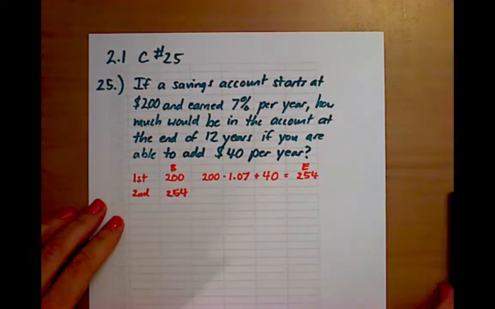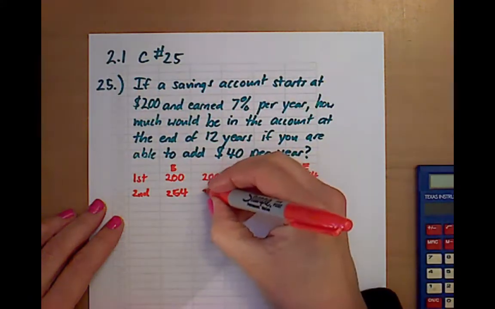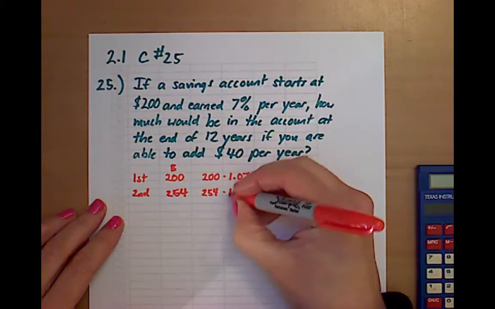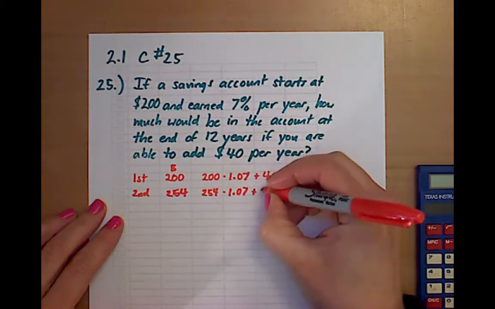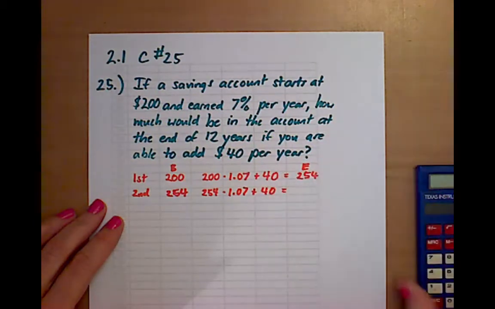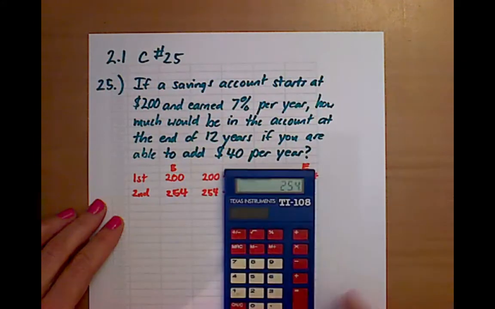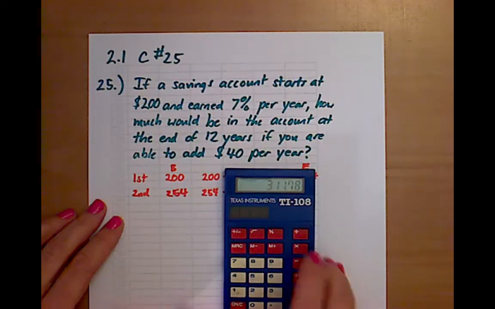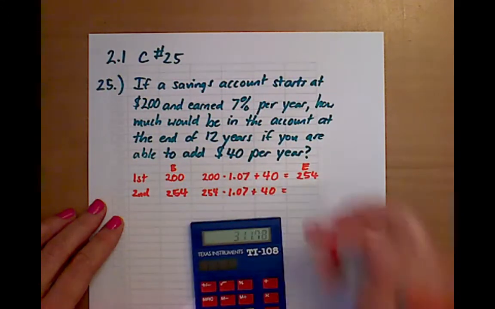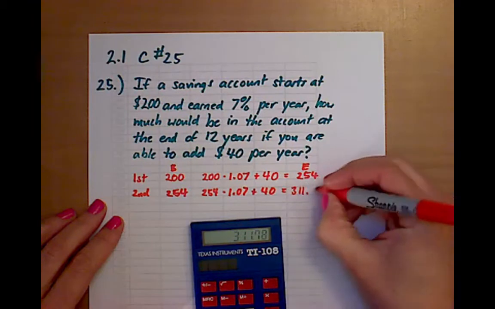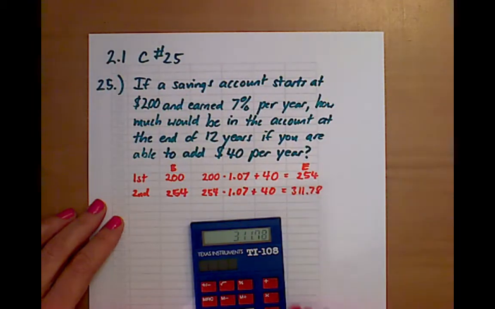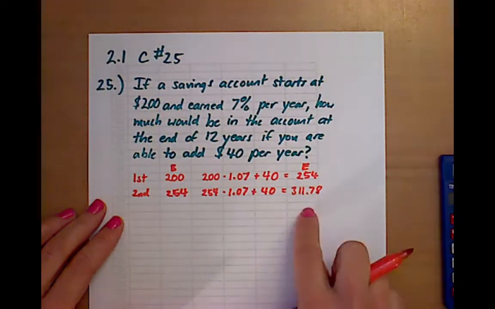And we're going to do the same thing. We're going to do 254 times 1.07 plus 40. 254, notice it's still on there, so there's no reason to type it in again, times 1.07 plus 40 gives us 311.78. Okay, so that's what we have at the end of the year.